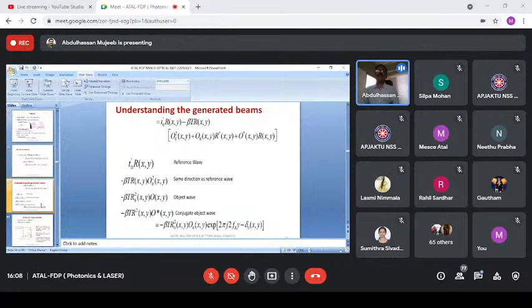To understand the beams generated after the hologram, we require a thorough understanding of all these equations: which wave is the reference wave, which one is the object wave, which one gives the conjugate of the object wave, etc. Based on this theory, we can even generate computer holograms, which I will discuss in a later session when we discuss the types of holograms. Using these equations, using MATLAB programming or even C++ programming, we can generate computer holograms also.